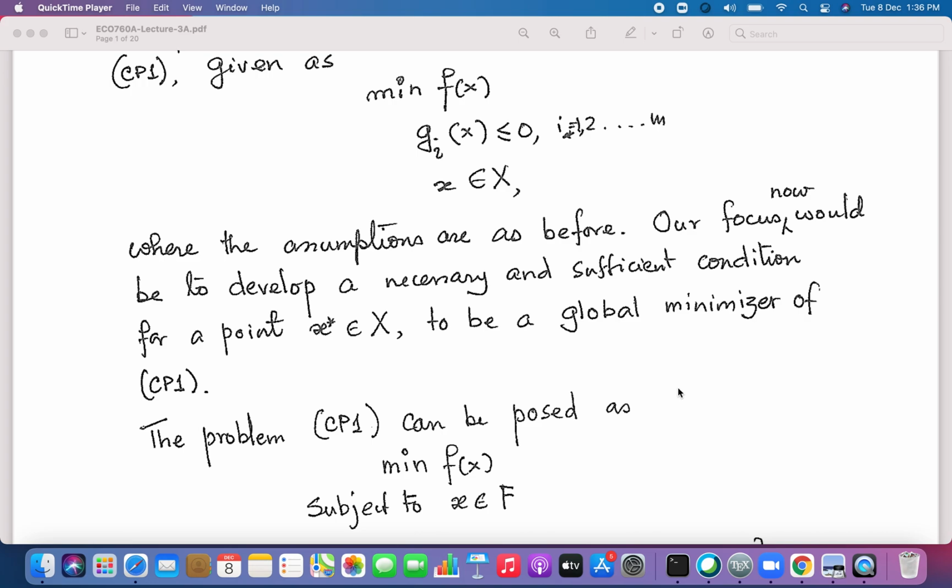Most people who have some idea of optimization would know that we are leading towards the famous Karush-Kuhn-Tucker conditions, or KKT conditions. But it is extremely important to note here that there are several different approaches by which you can reach the Karush-Kuhn-Tucker conditions.